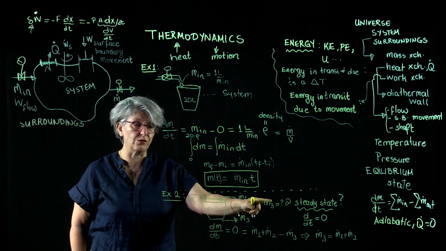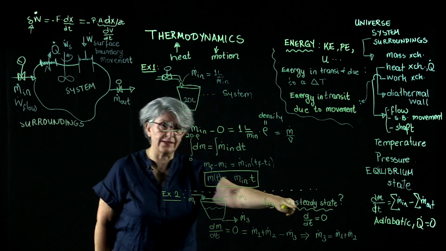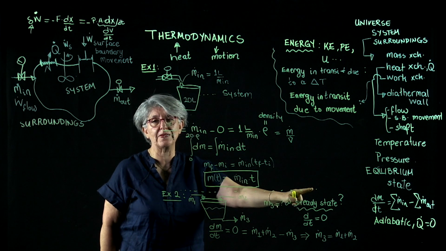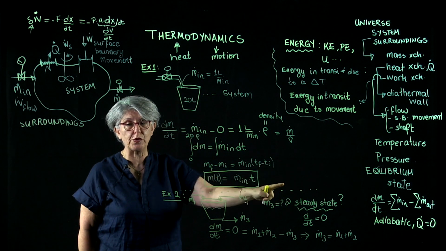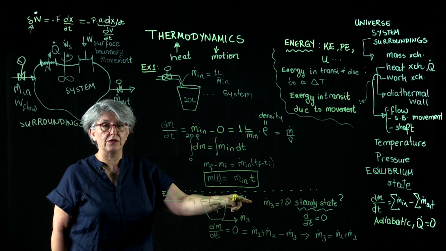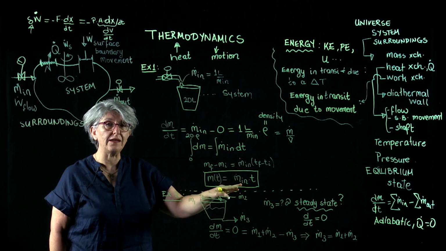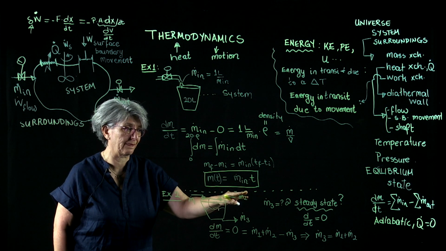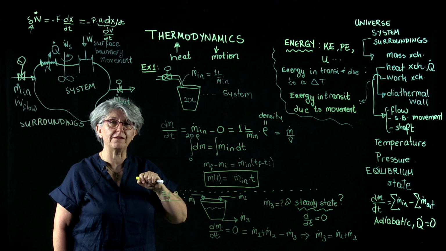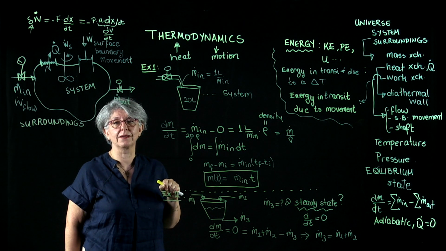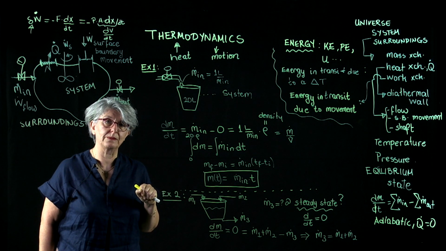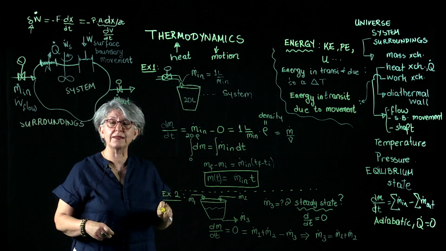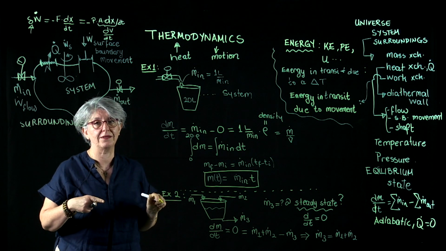So this is going to define the condition of steady state, which is time invariance under forced flows. So steady state is time invariance under forced flows. The other time invariance condition is equilibrium.